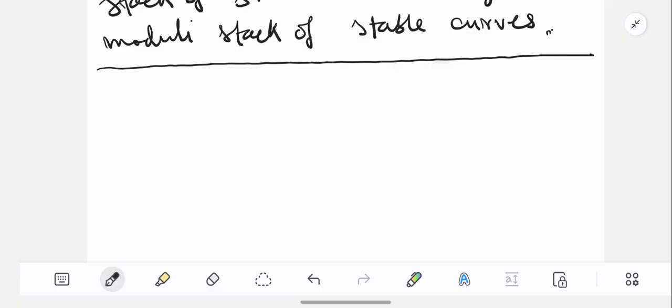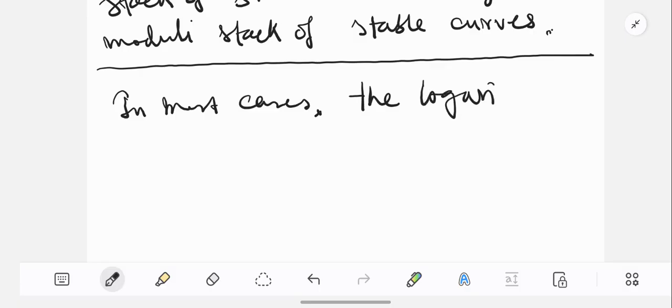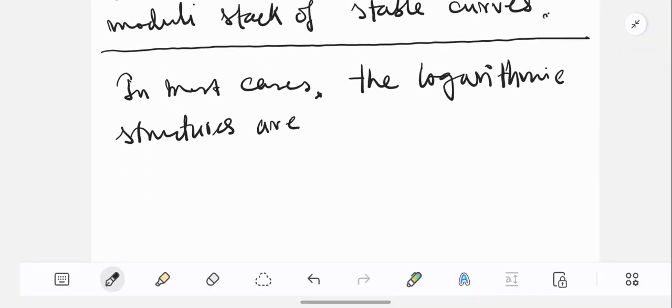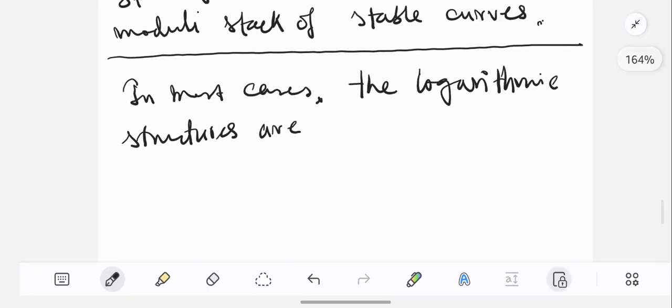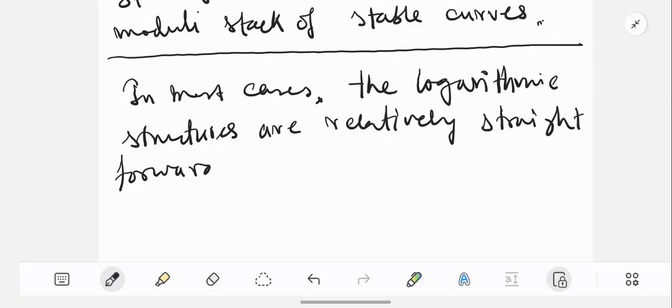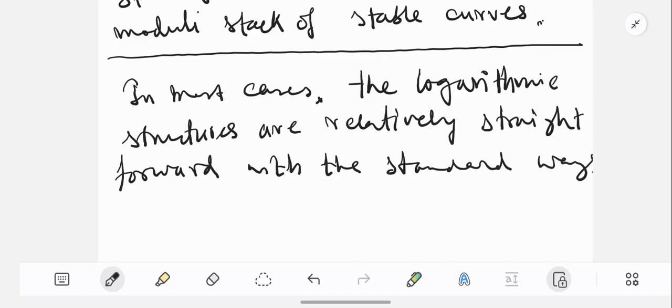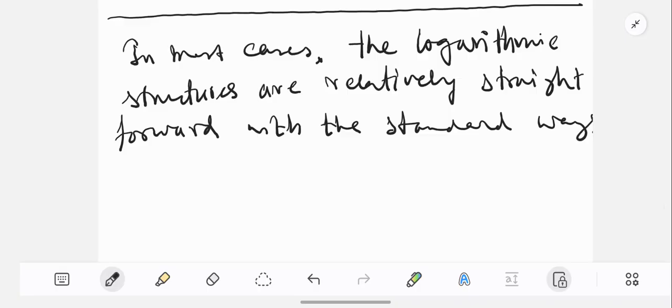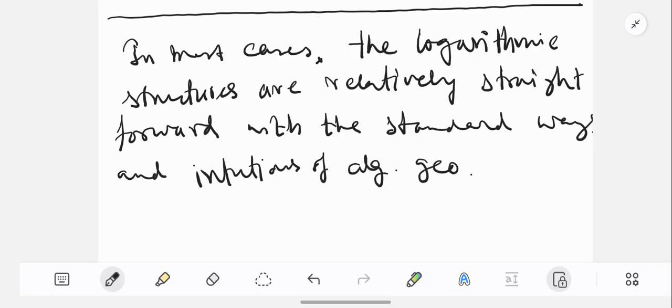In most cases, logarithmic structures are straightforward with the standard ways and intuitions of algebraic geometry.